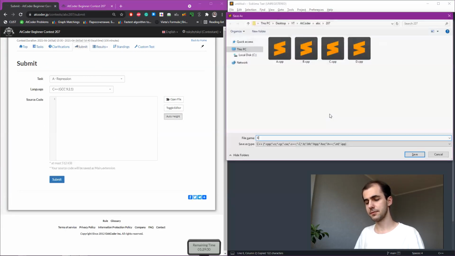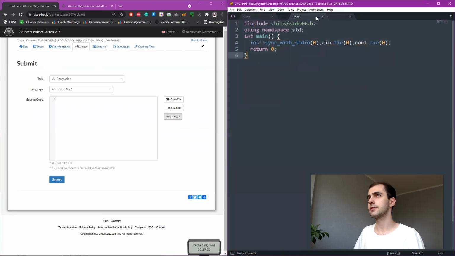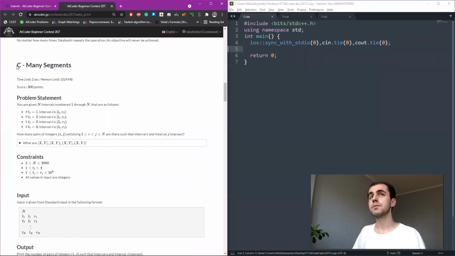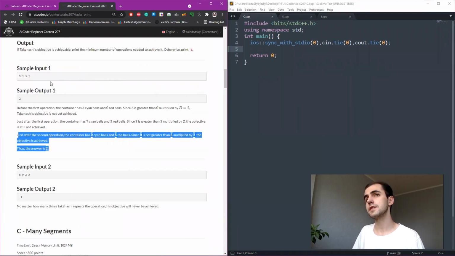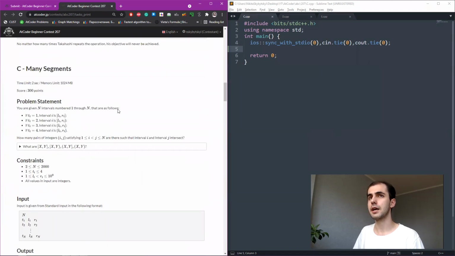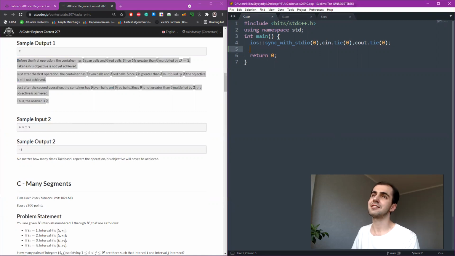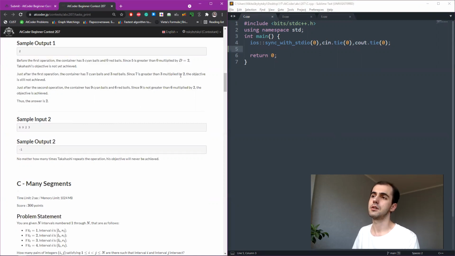moving forward, let's create a file for E straight away. Don't know if we're gonna need it, but hopefully we will. So there is not much educational to these problems, just be careful, okay? It's very easy to get a lot of penalties on these problems by not testing something easy, something simple.